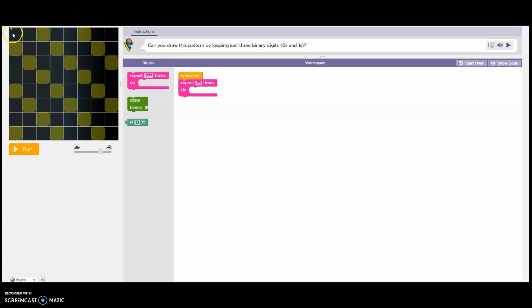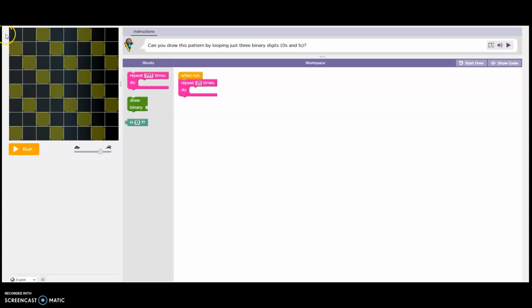This black block stands for off, and this block stands for 1, which means on. So it goes off, off, on, off, off, on, off, off, on.